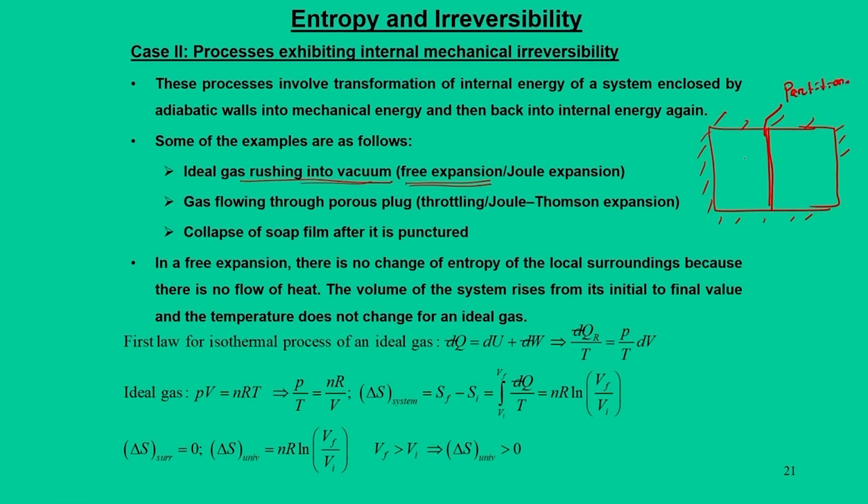On one side we have vacuum, and on the other side we have some gas. When the partition is removed, the gas suddenly rushes into the vacuum. The volume of the gas changes from initial volume Vi to final volume Vf.